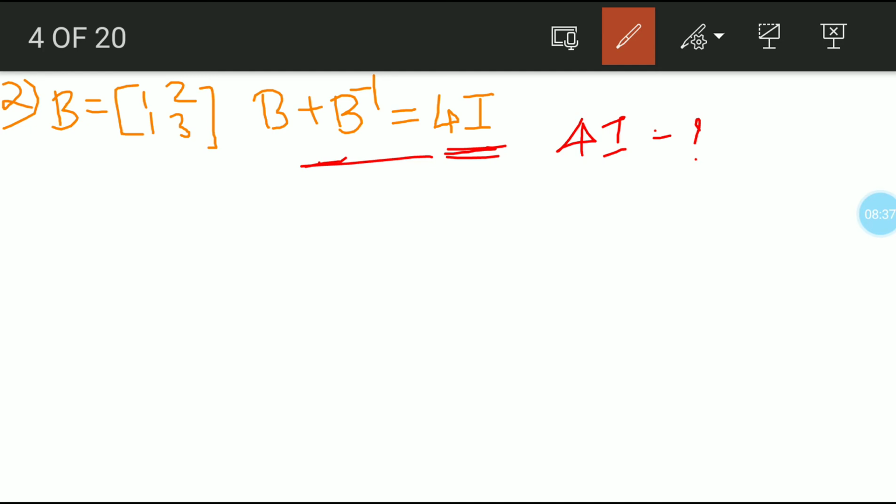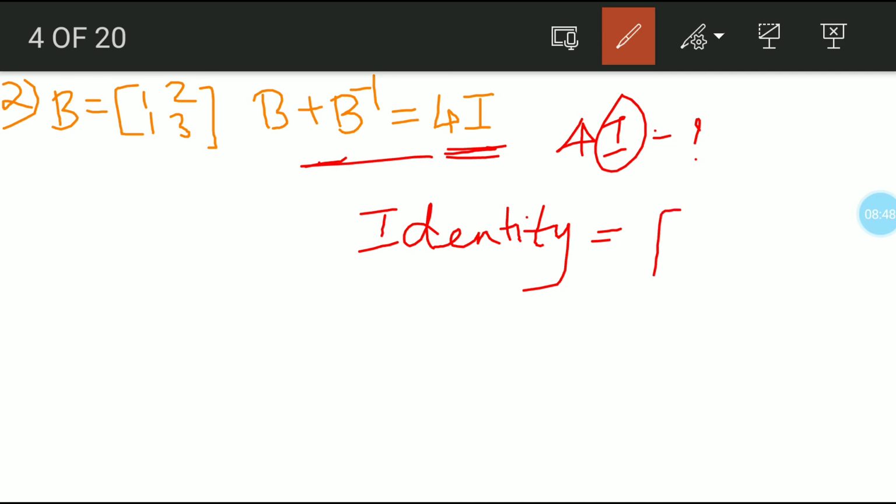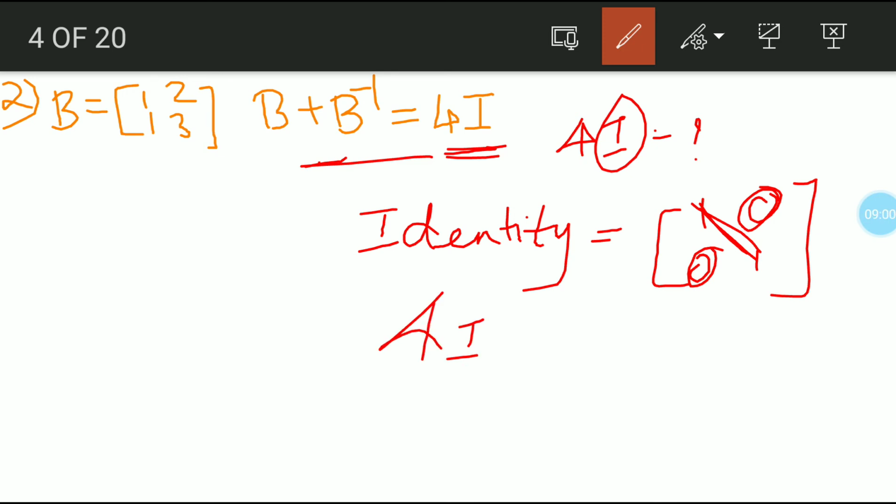So first we will discuss what this I is. I means identity matrix. The identity matrix is like 1 0 0 1. That means it should have the same numbers on the diagonal, but the other places should be zeros. So 4I means it should be 4 0 0 4.